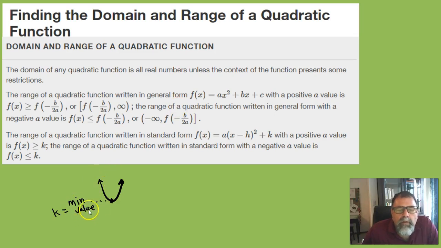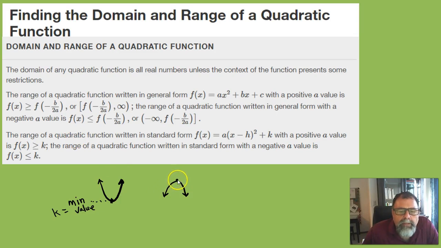Okay, so if this is the minimum value, the range is going to be from k to infinity, or if it's in the other form, it'd be f of opposite of b over 2a to infinity. Now if it's opening downward, it's the other way around.